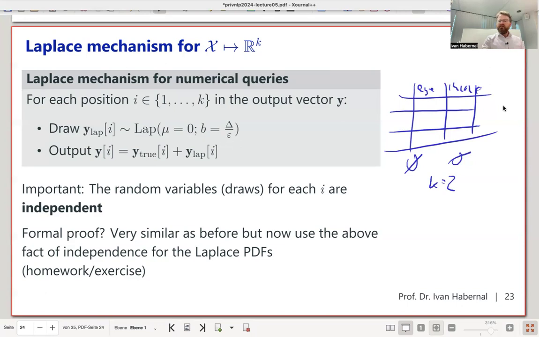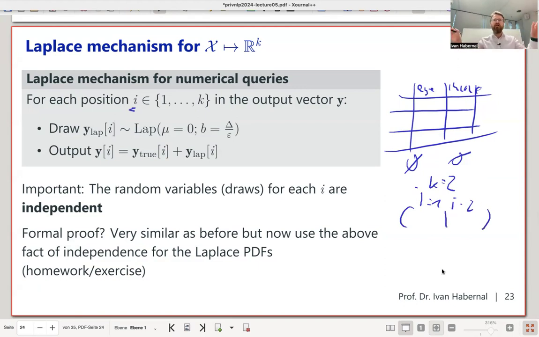Once you have the global sensitivity, then for each dimension, you basically draw from a Laplace distribution with a proper scale, delta over epsilon, and report this value. And what's important here? So right, what does it mean? Okay, so i equals 1 would be for age, and i equals 2 would be for the income, and this would be the vector.